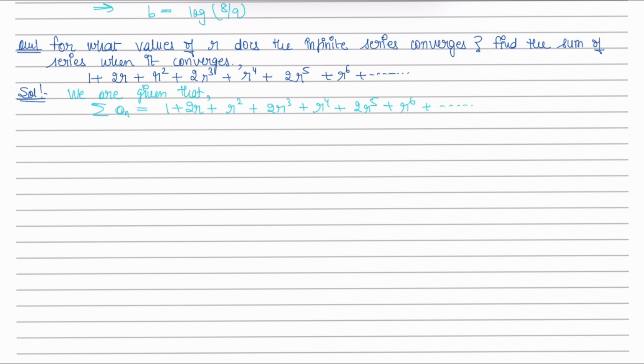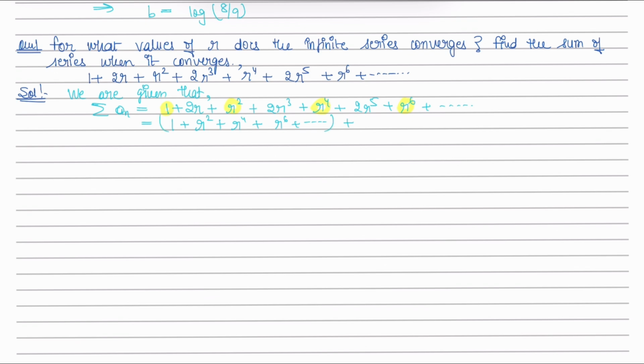Now, taking the like terms 1, r square, r to the power 4, r to the power 6 together, this becomes 1 plus r square plus r to the power 4 plus r to the power 6 and so on.